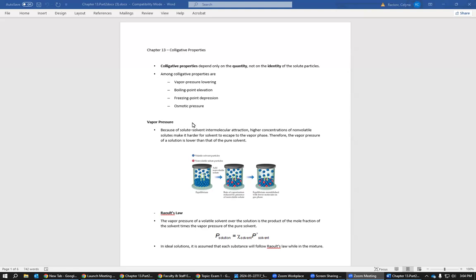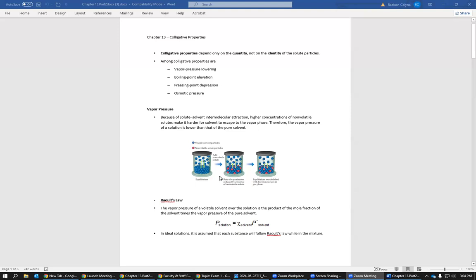So for the vapor pressure, you have the first one here, right? Only solvent here, volatile solvent particles in equilibrium. Then if you add non-volatile solute particles right here, it will be more difficult for the molecules to evaporate.